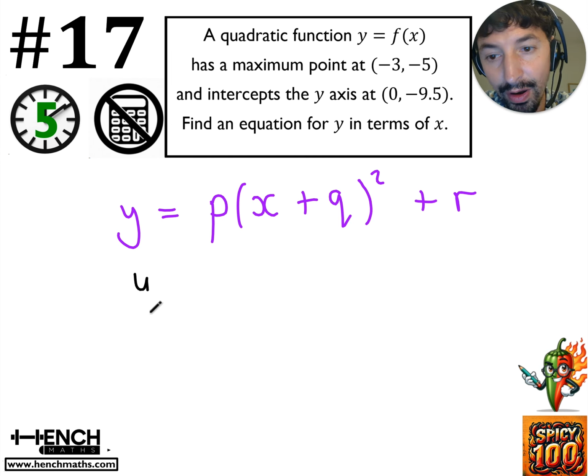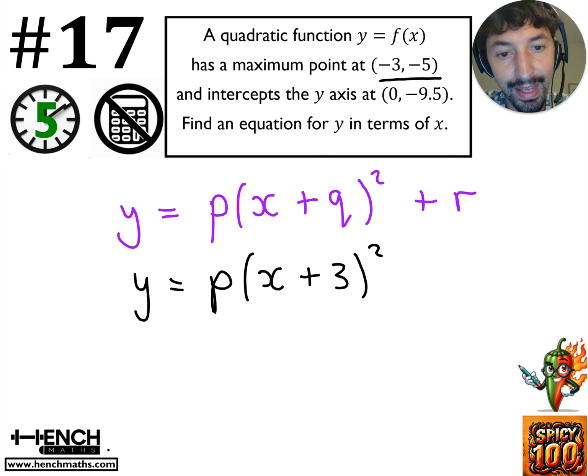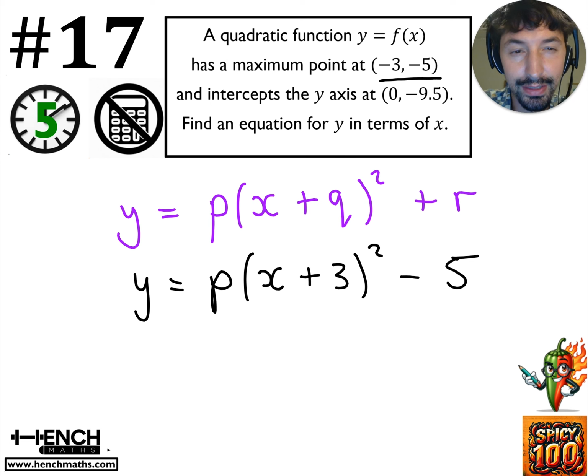So y is equal to p(x plus 3) squared, subtract 5. Because it has a maximum point at (-3, -5), we're going to have plus 3 here and -5 on the end. This would give us a vertex at (-3, -5).